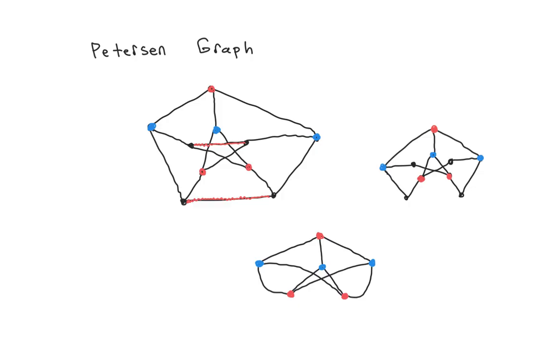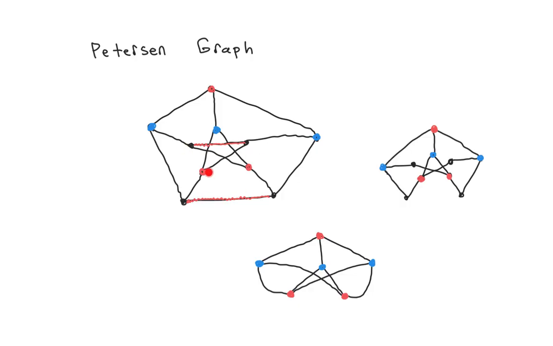To demonstrate the usefulness of this theorem, let's look at the Petersen graph. So the way we usually draw it, it's clear it's not planar, but there's always the question, is it possible to draw it so that it is planar? And here we do see that we actually have a topological minor. So I have labeled certain vertices in red and certain vertices in blue, and I've deleted these edges marked in red.